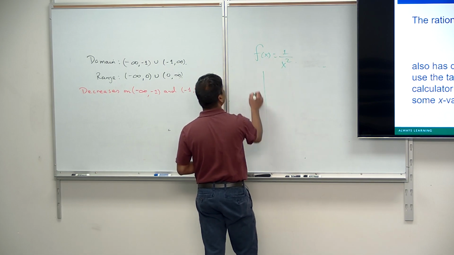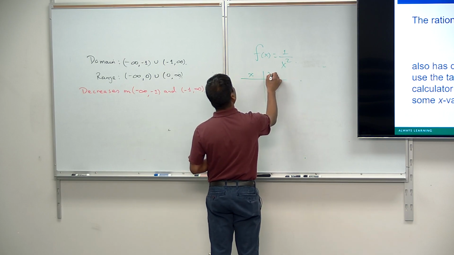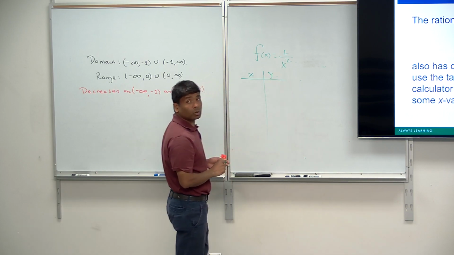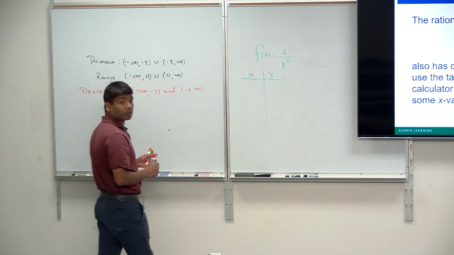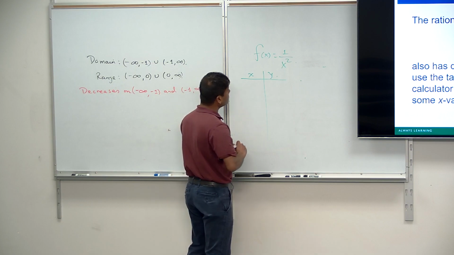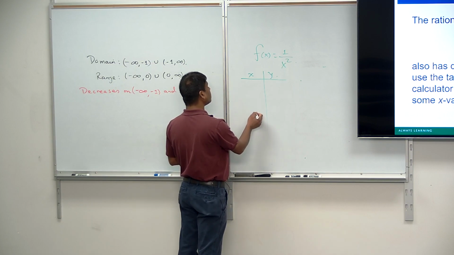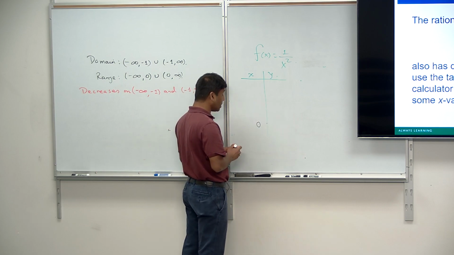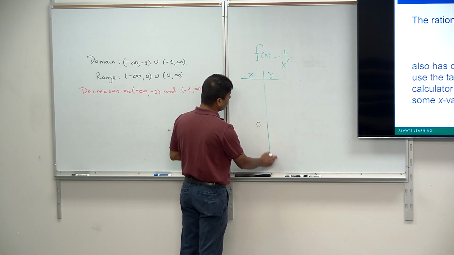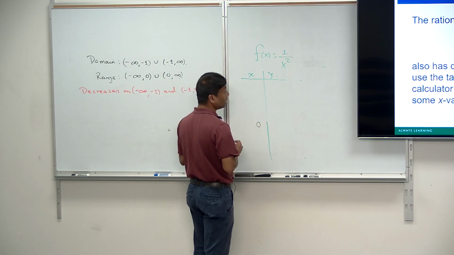So if you want to graph this function, guys, look at the x value and the y value. This function is also undefined. For what values of x is this function undefined? What happens if I plug in x equal to 0? Undefined, is that right? So if I plug in x equal to 0, this is undefined.